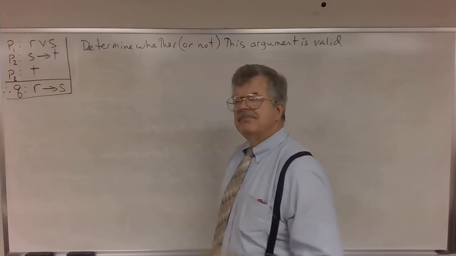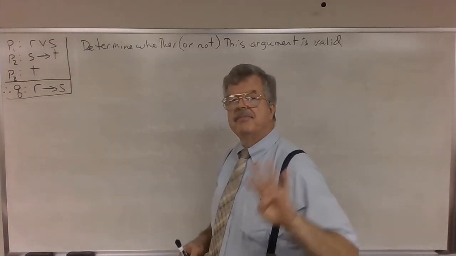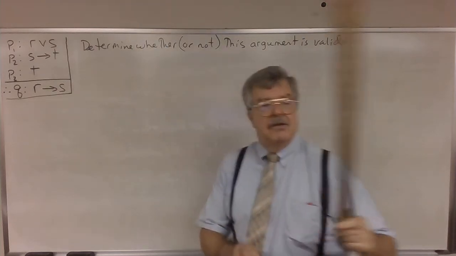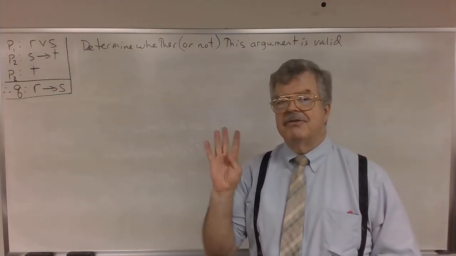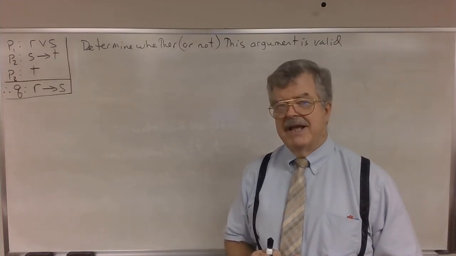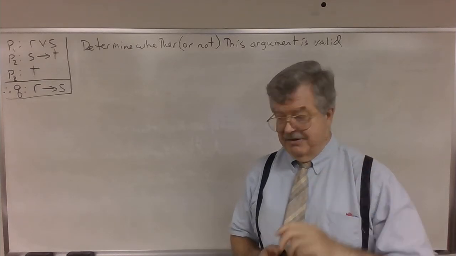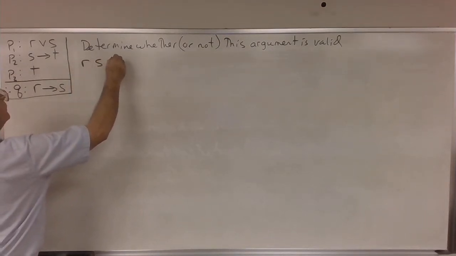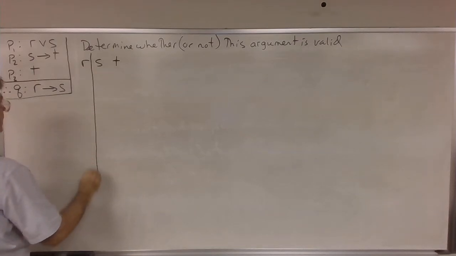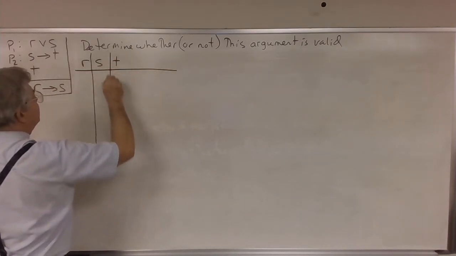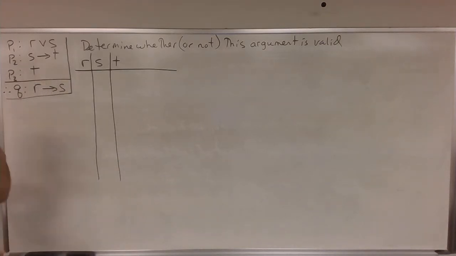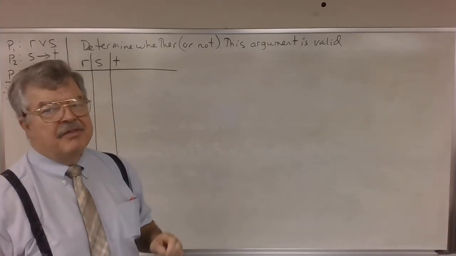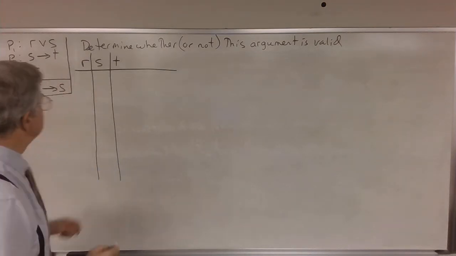Our statement is composed of three simple statements, R, S, and T. So when we do our truth table, we're going to have to do the truth values for every possible combination of the three variables R, S, and T. So we'll start with R, S, T, and since we're working with three simple statements, there are 8 possible combinations of truth values.